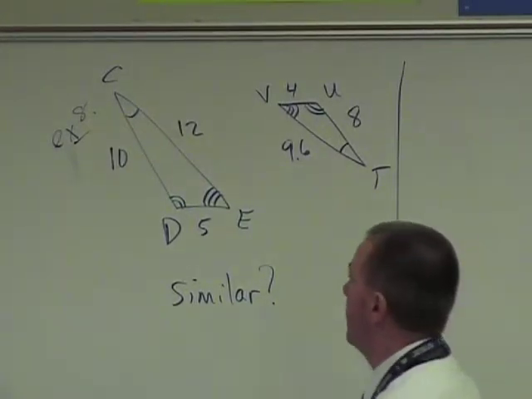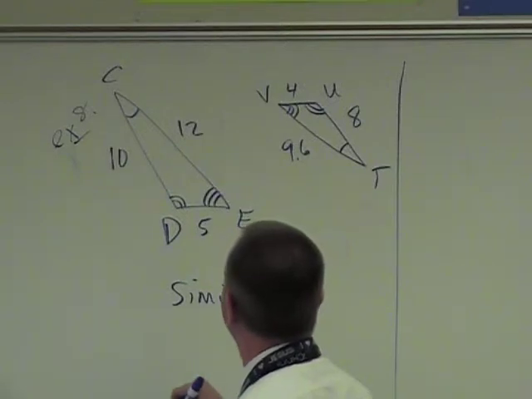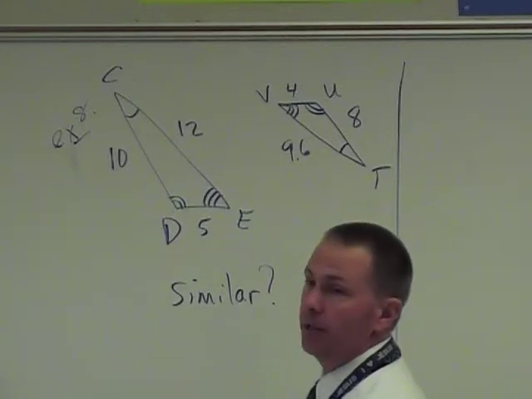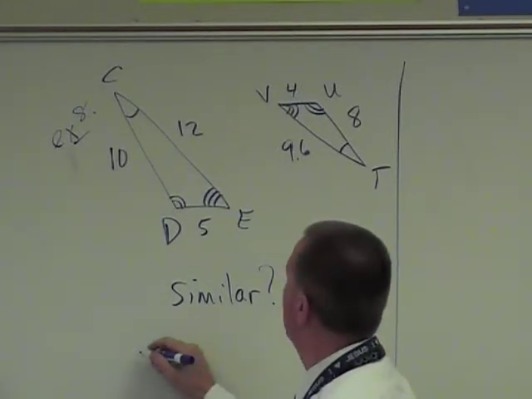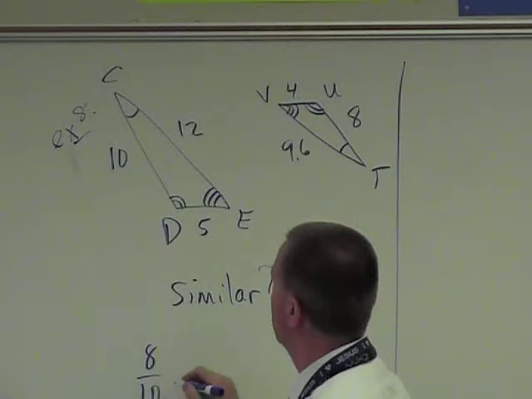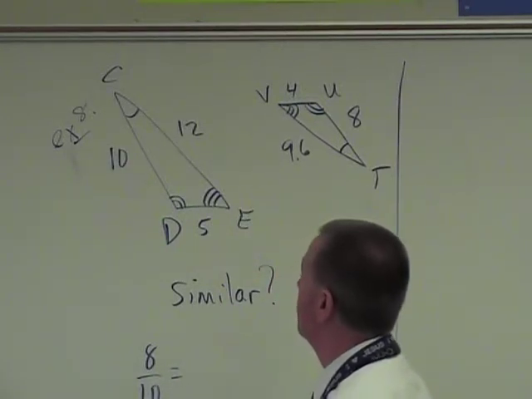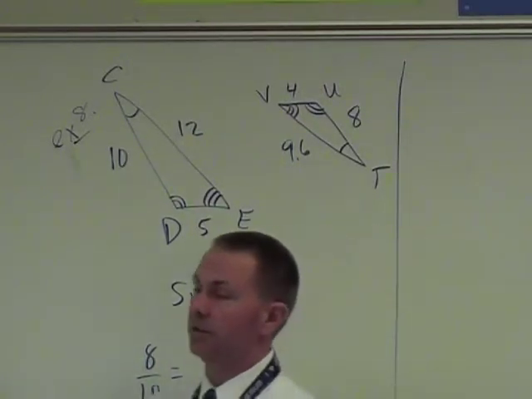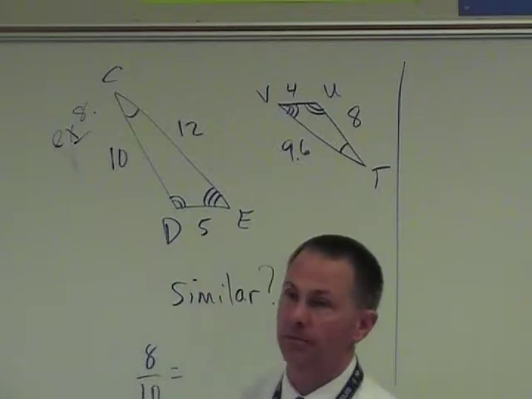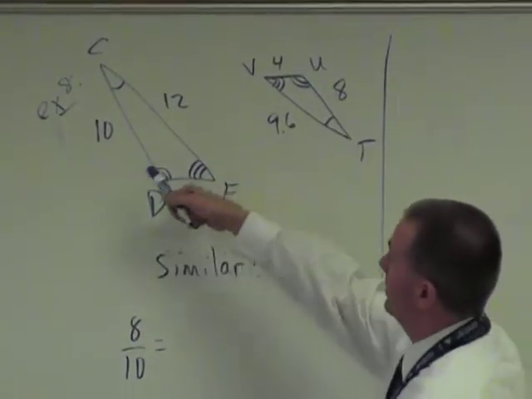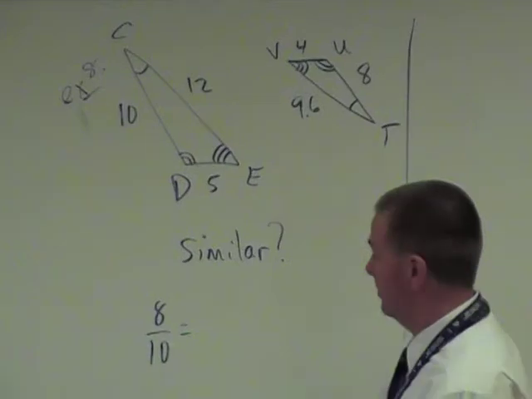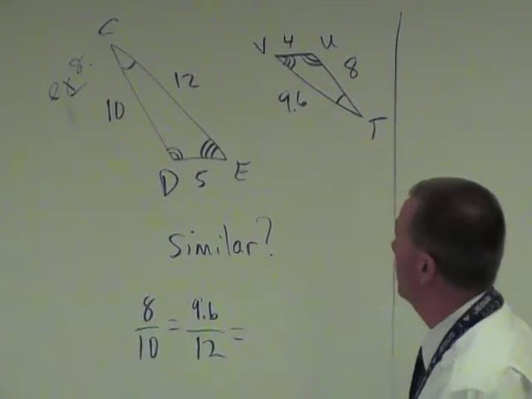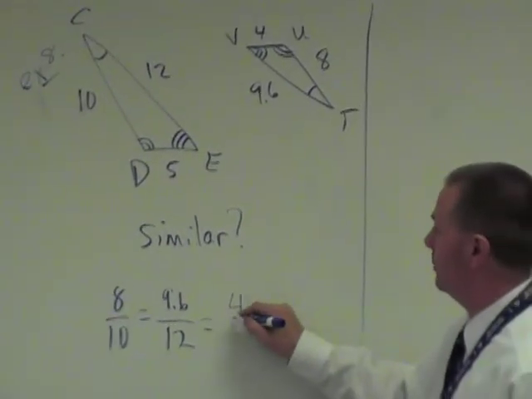Nate? Proportional sides. Tell me. What do you mean by, like, how would I set it up? Tate? 8 over 10. To 2 over 5. We want to set this up. 8 is to 10 as 9.6 is to 12 as 4 is to 5.